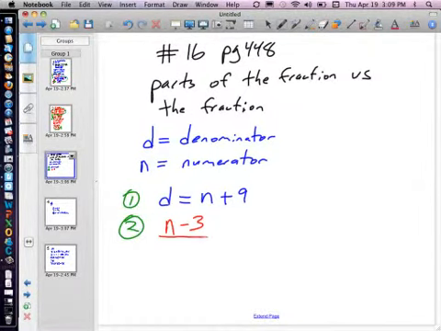So if the numerator is decreased by 3 and the denominator is increased by 3, the value of the resulting fraction is 1/4. Keep in mind the resulting fraction could be 2/8 or 3/12, okay, but its value would be 1/4.